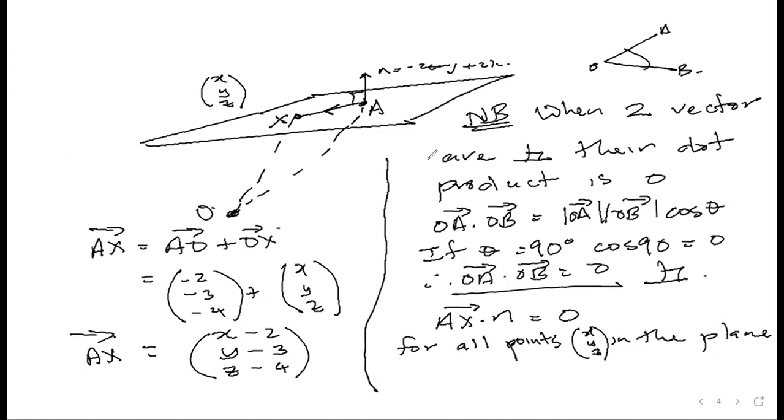All right, so we say AX dot n is equal to 0, and AX is x minus 2, y minus 3, z minus 4. Let me just make sure. Sir, wasn't it x, then y, then z?